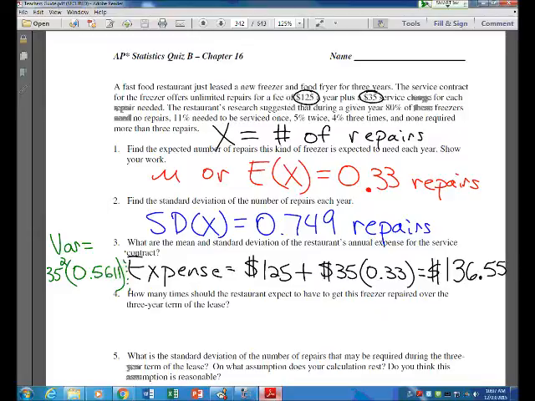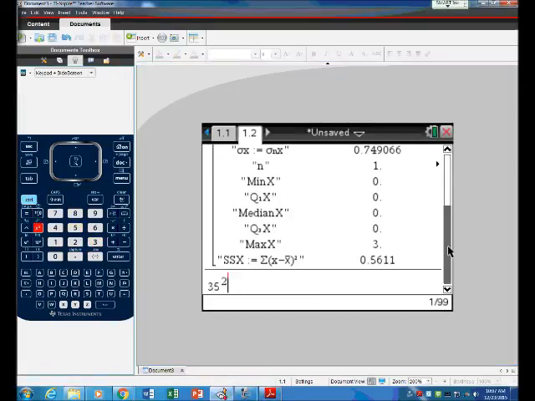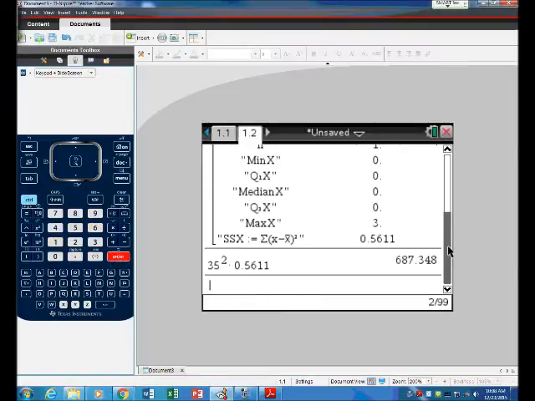But again, because it's variance, I'm going to multiply by 35 squared. So I have 35 squared times 0.5611, and that's going to give me my variance for this annual contract.